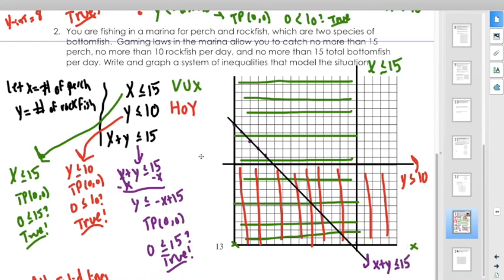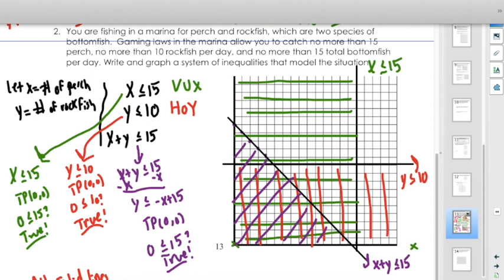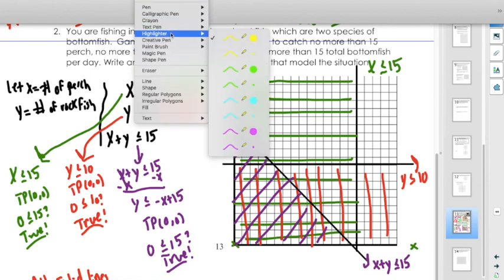Now, was my test point true? It was. So I'm going to shade everything towards my test point. That's everything going this way. All right, and hopefully we can see where our solution is. It's where all three are shaded, and this right here, let's pull out the highlighter.